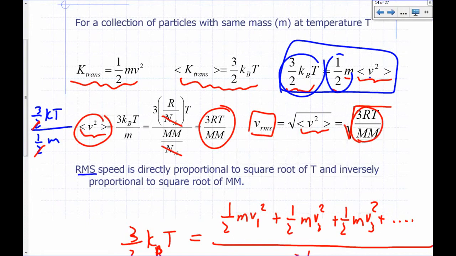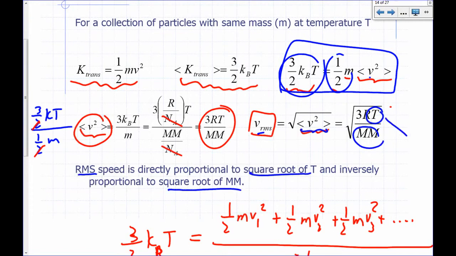Root of the mean of the square. The mean of the squares is the average of the squares, and root means you take the square root of it. So the RMS speed, as you can see, is directly proportional to the square root of the temperature, and inversely proportional to the square root of the molar mass.